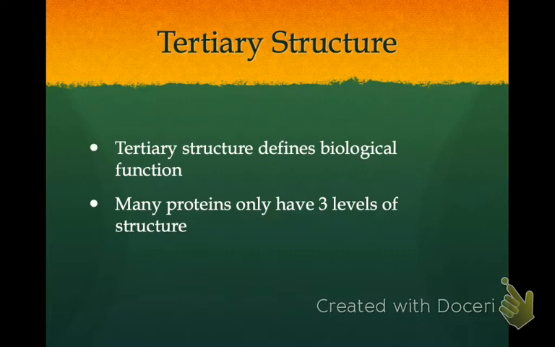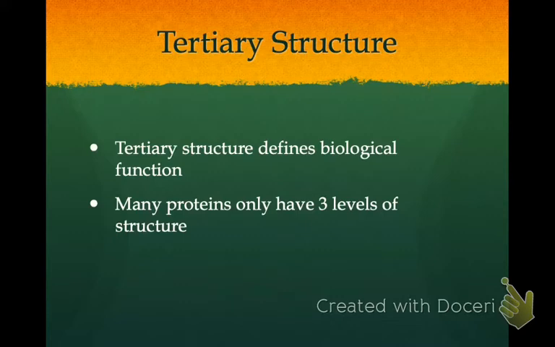So we go through each of these structures, and if something isn't formed correctly, that tertiary structure is going to end up not being able to function correctly. So the tertiary structure actually defines the biological function.